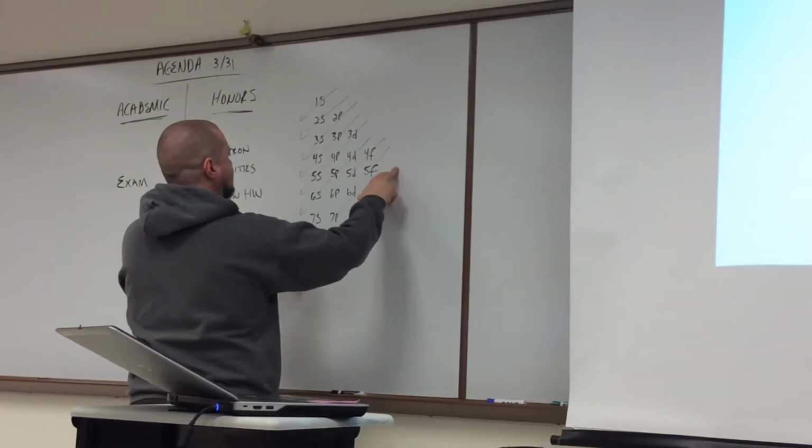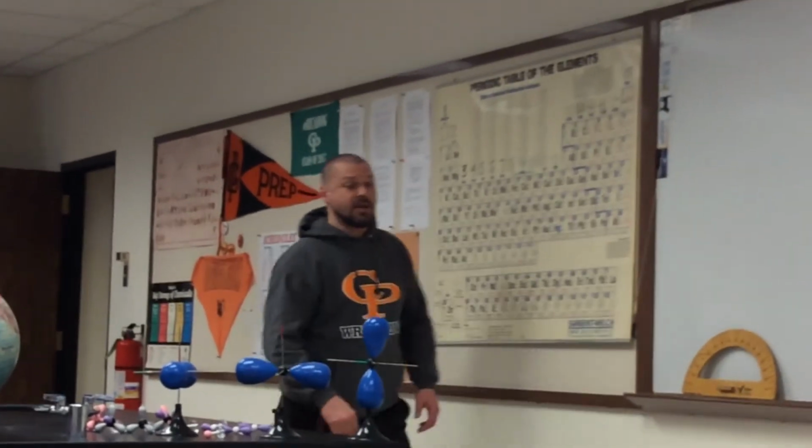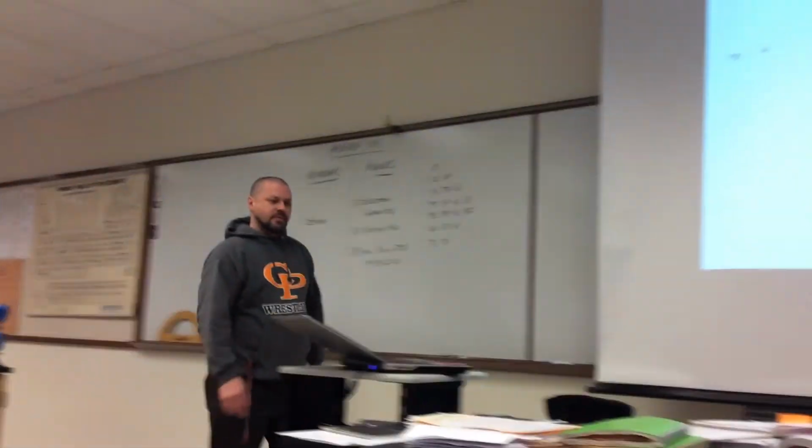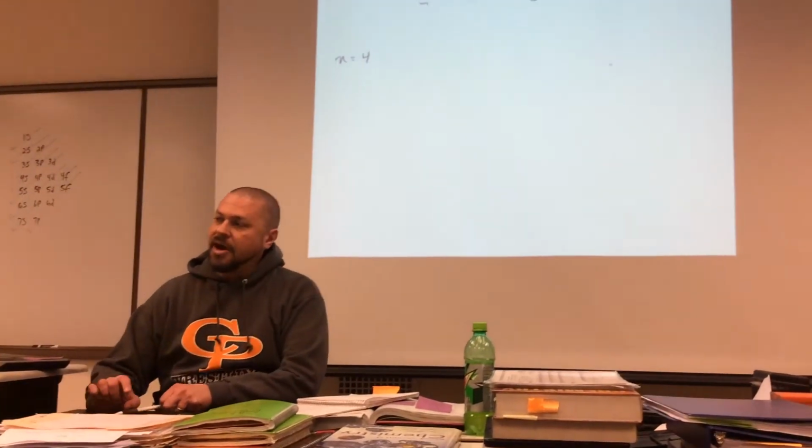So it would be the elements after the elements right here, of which none have been discovered yet. And even if they do get discovered, they're not going to last very long. They're very, very radioactive.